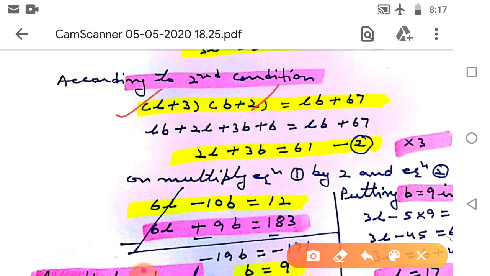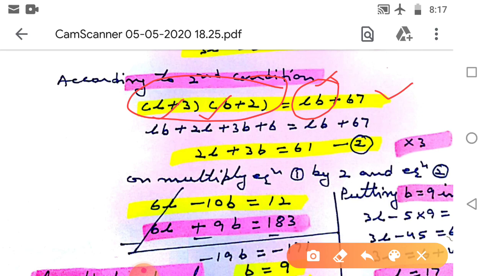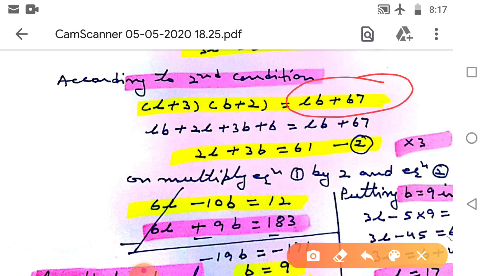It means this new area is 67 more than the initial area. Clear? So initially the area of this rectangle was LB, but when we increase the length and breadth, the area gets increased by 67 square units, right?